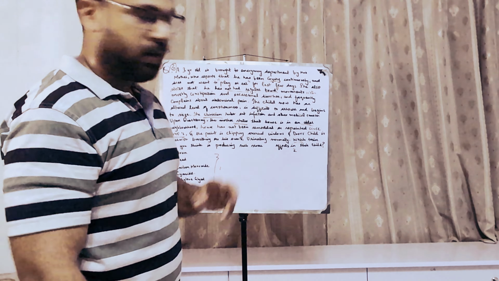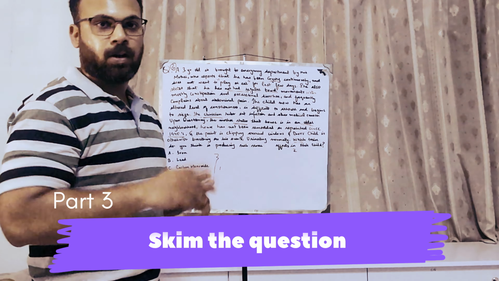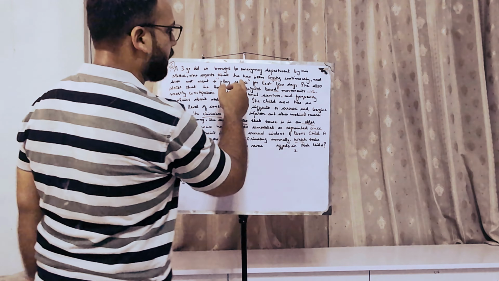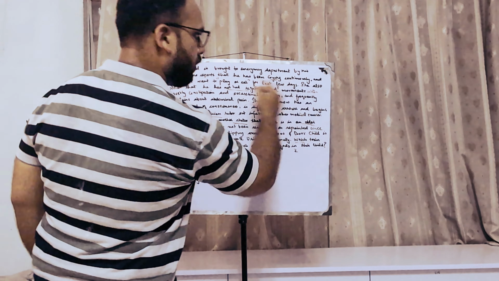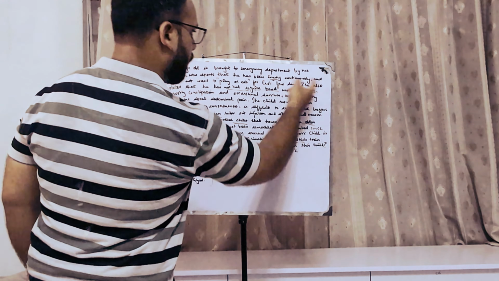So as you can see, read, listen and understand, in order to find the right answer. Let's read it fast. A 3-year-old boy is brought to the emergency department by his mother, who reports that he has been crying, underline this one, crying continuously and does not want to play or eat for the last few days.